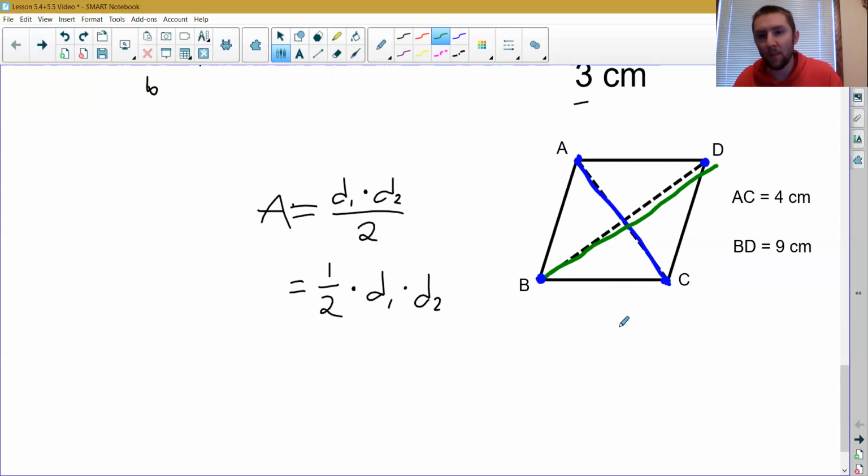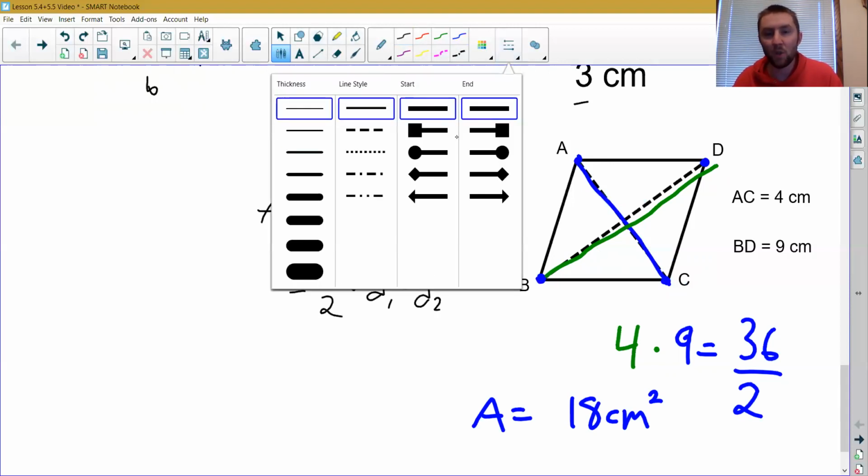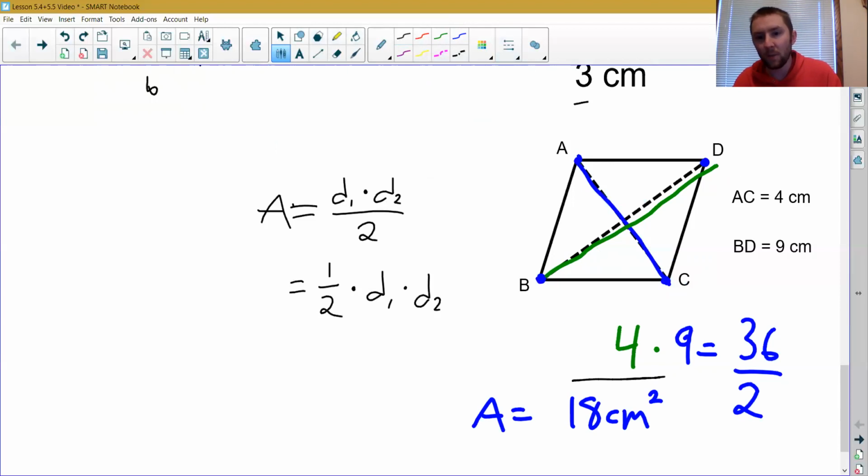So what we do is we just multiply them together. 4 multiplied by 9, and we get 36. We divide that by 2, and we get 18, 18 centimeters squared. So that would be the area of this particular rhombus. With one diagonal of 4 and one diagonal of 9, it would have an area of 18 centimeters squared. And again, squared units because we're talking about areas.